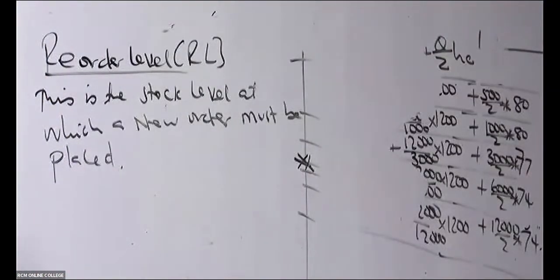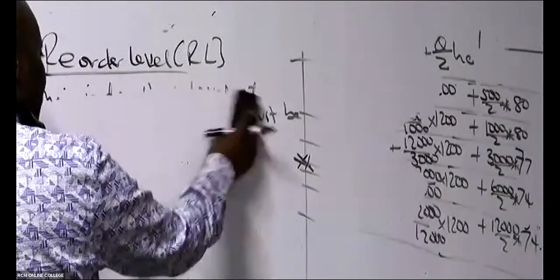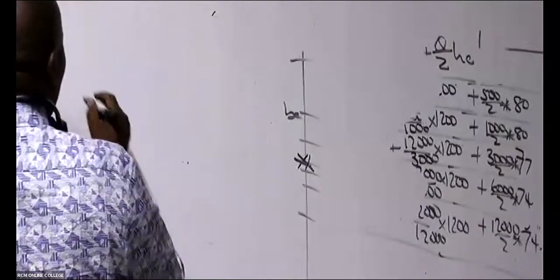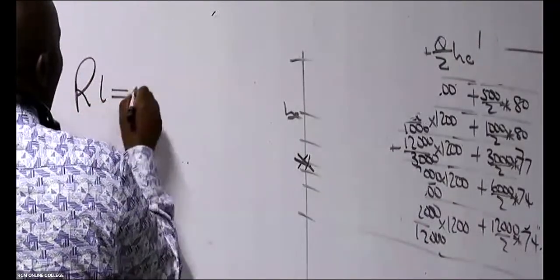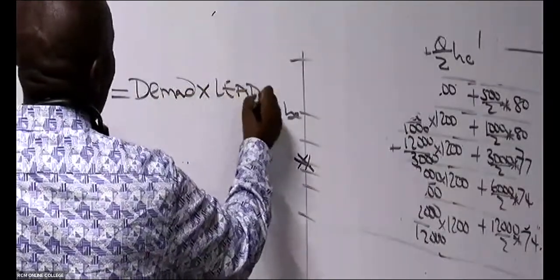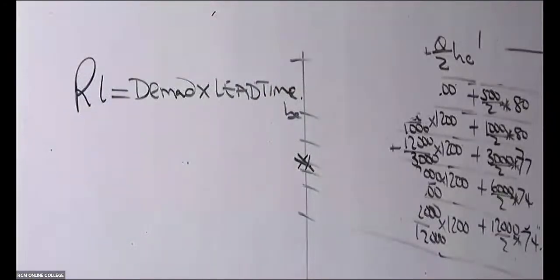Very easy. To get the reorder level, we normally take demand times lead time. Anytime they want us to get a reorder level, we take demand times lead time.